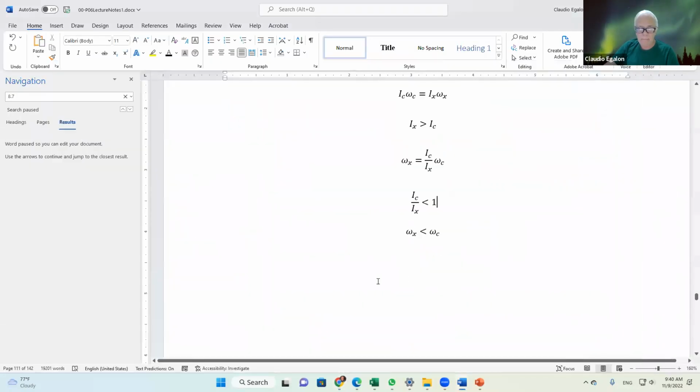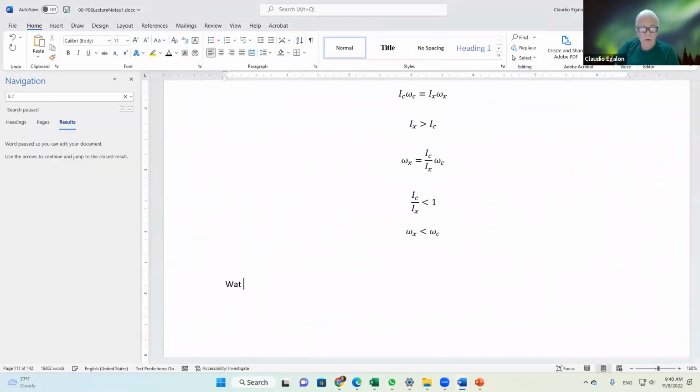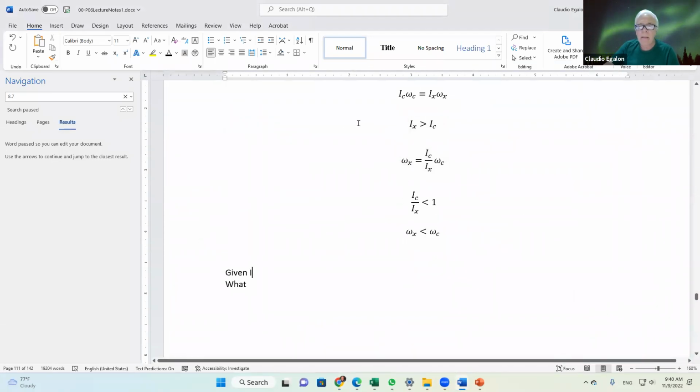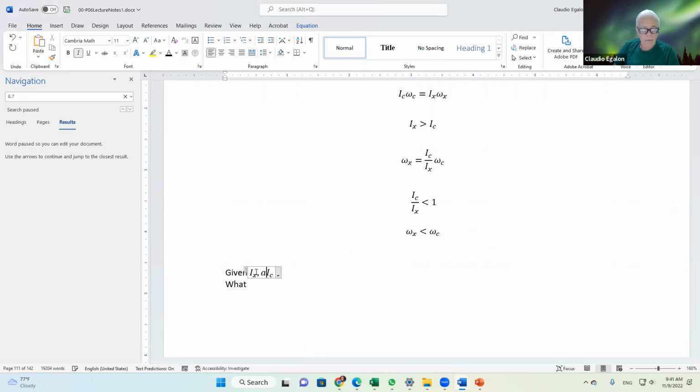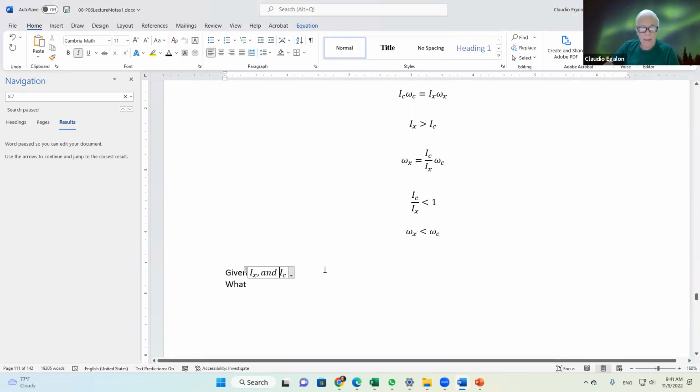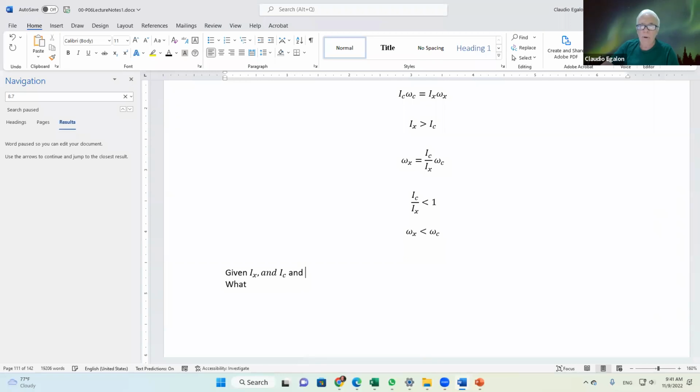So let's do that. What about the ratio? What about given? Here you go. Given IC and IX, and what else?